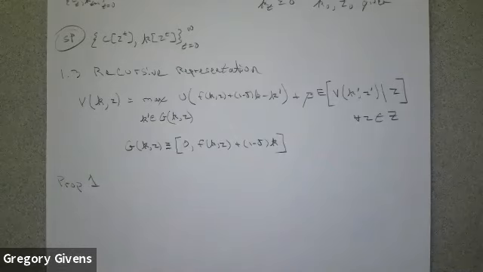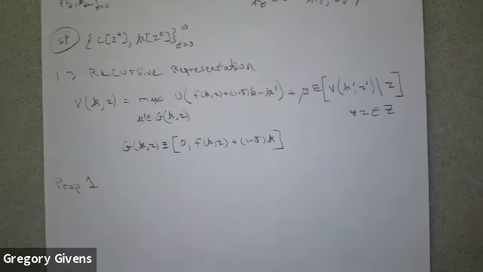So instead of proving that step by step, let me just go through some of the key points that need to be adjusted somewhat to account for the fact that we have a stochastic productivity term now, okay?